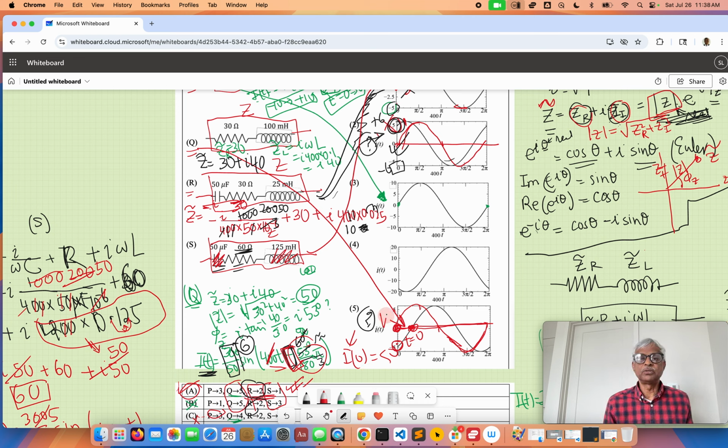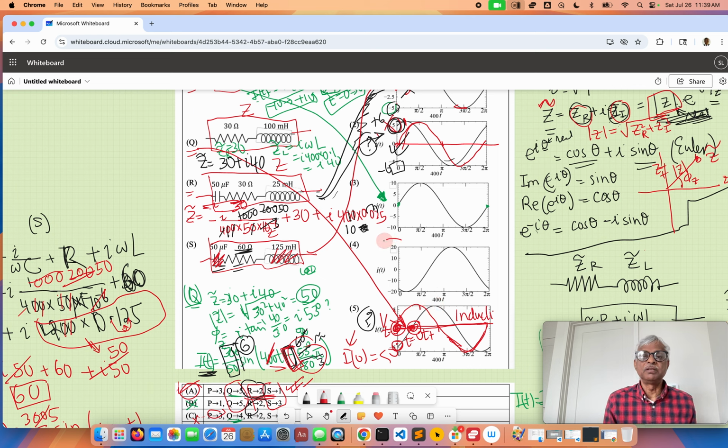The voltage zero comes at some t equal to 0, but the current zero comes a little bit later. So this is the inductive circuit.